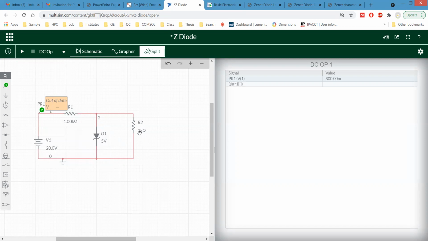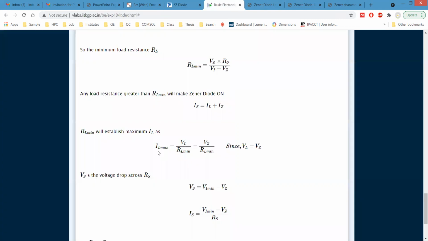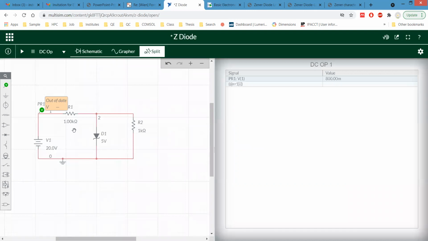So what should be our minimum load value, using this formula: Vz times Rs upon Vi minus Vz? Please tell me the value. Sir, Rs was 100 kilo ohm. No, not 100 kilo, 1 kilo.